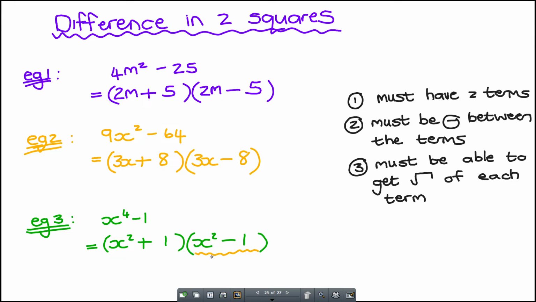Can I get the square root of x squared? Can I get the square root of 1? So that one can be factorized further. Do you now see why I always put the bracket with a minus at the back? It wouldn't be wrong if it was in the front. So I just get into the habit of writing it at the back.